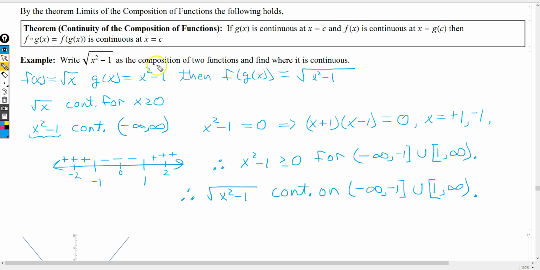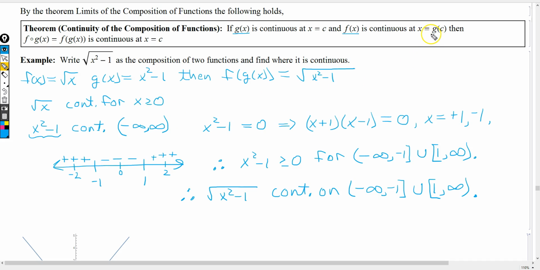So you see up here, if you compare what we did with the theorem up here, the square root of x was playing the role of f. X squared minus 1 was playing the role of g. Now we know that for this particular example, g is continuous everywhere, but f of x is only continuous for positive x values.